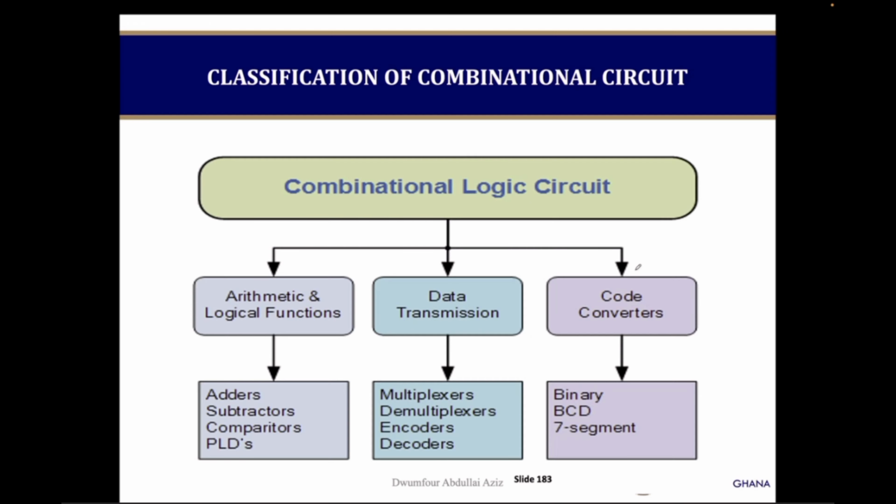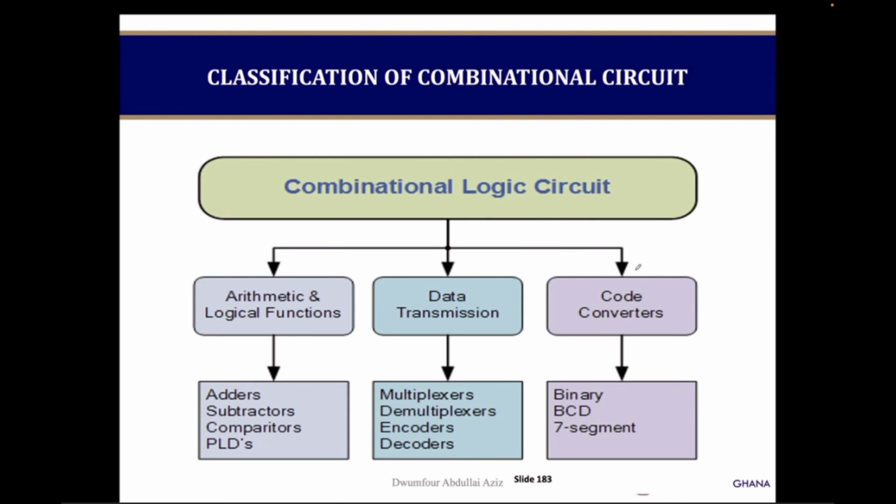So we have classifications of this combinational logic. We have a class that is designed to perform only arithmetic and logical functions. So that is where we have the adders, the subtractors. They are combinational logic that perform arithmetic and logical operations within every digital systems.